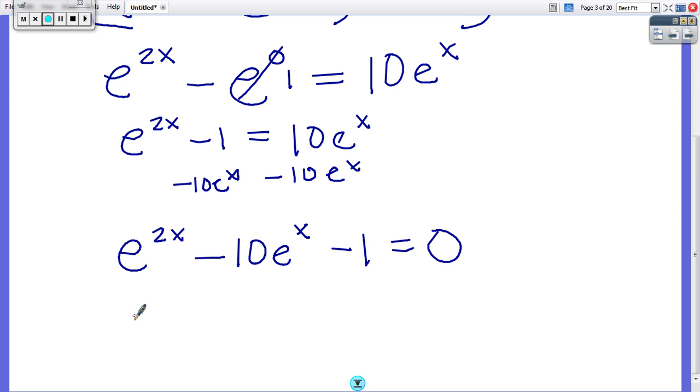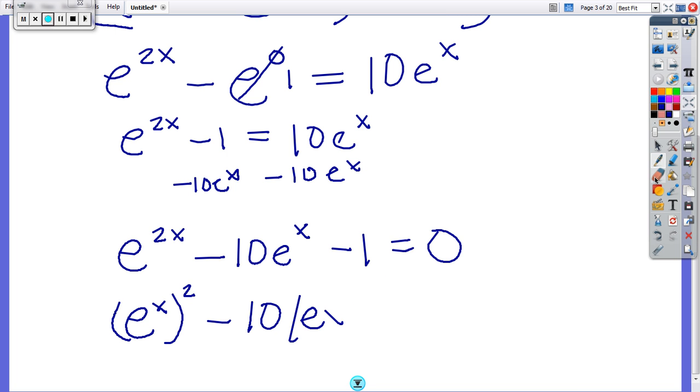I'm going to rewrite it one more time and maybe you'll see it: (e to the x) squared minus 10 e to the x minus 1 equals 0.